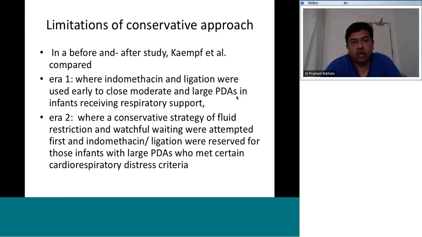He compared two eras. In era 1, indomethacin and ligation were used early to close moderate and large PDAs in infants receiving respiratory support, and in era 2, a more conservative approach of fluid restriction and watchful waiting was attempted, and indomethacin and ligation were reserved for those patients with large PDAs who met certain cardiorespiratory distress criteria.